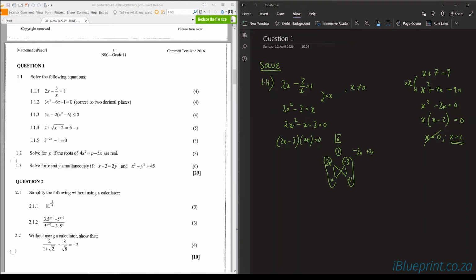Now, this method, if you're not familiar with it, you can Google, it's called the AC method. It's very simple, but very useful. And it's one of the fastest ways to factorize, especially with complex polynomials.